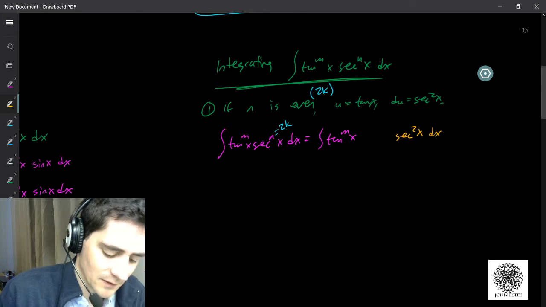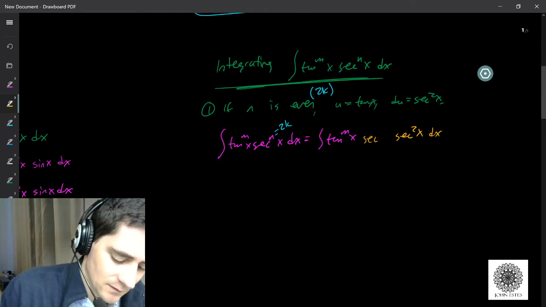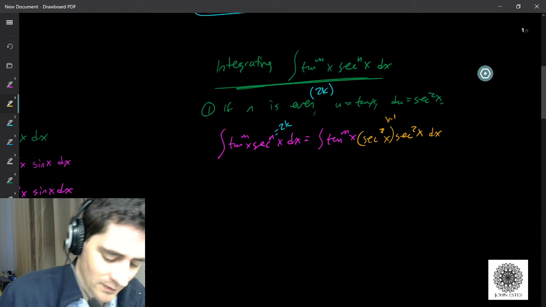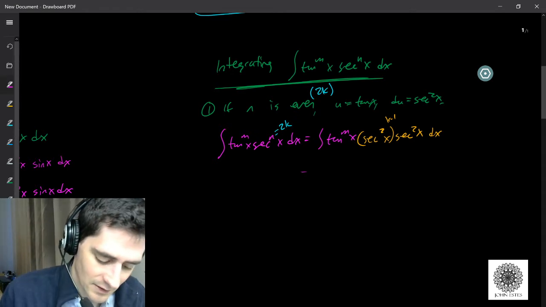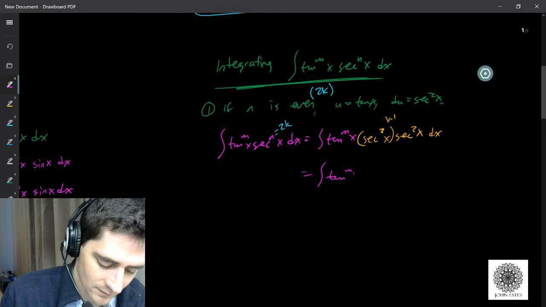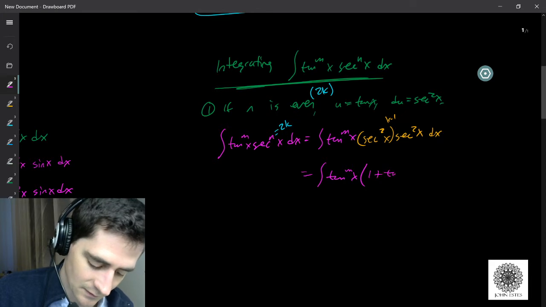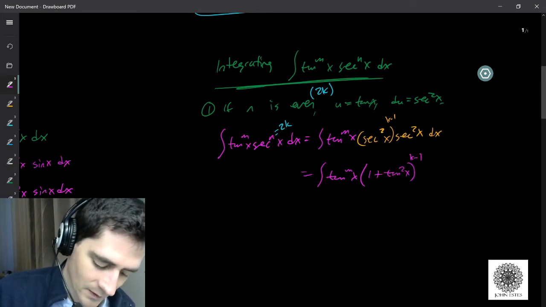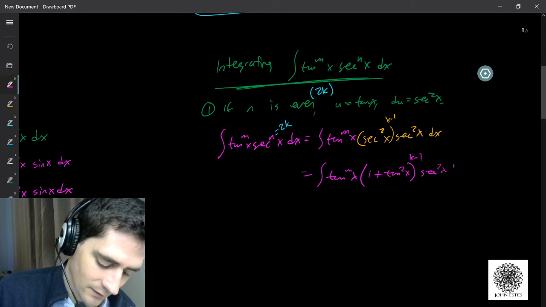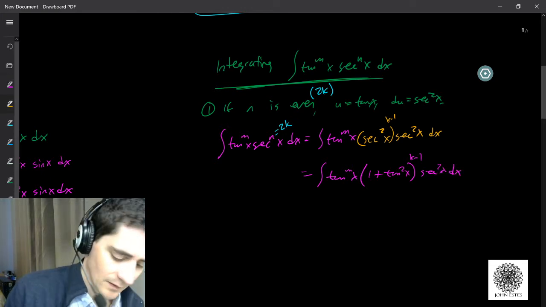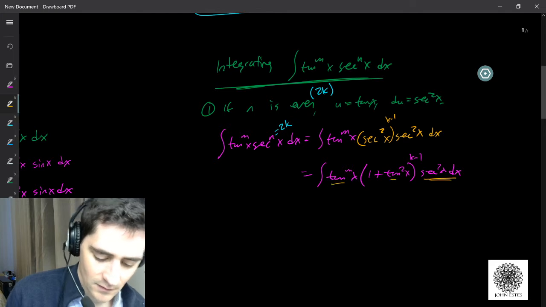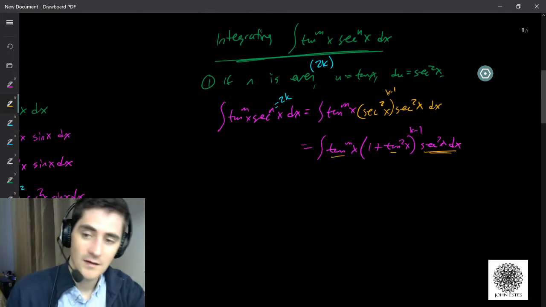If I did that, what am I left with? I'm left with a secant to the 2k minus 2 power, or another way of saying that is secant squared to the k minus 1 power. And so from there, I can rewrite this as tangent to the m power times, the secant squared is 1 plus tangent squared, to the k minus 1 power, times secant squared dx. And now I can use my u substitution. You see, there's my du, and that's my u. So if n is even, that's what we do.